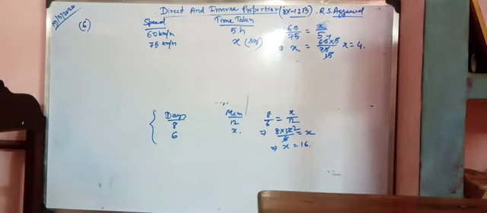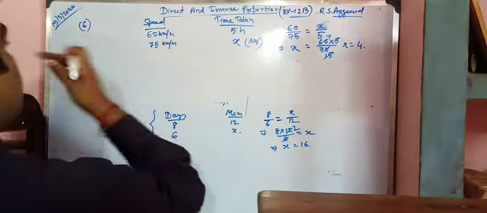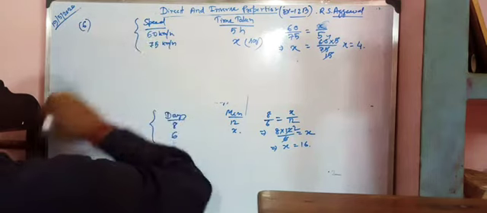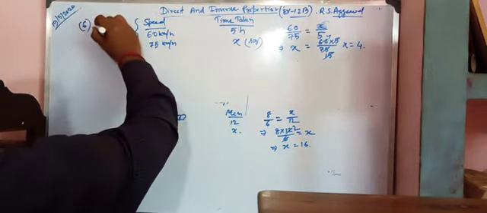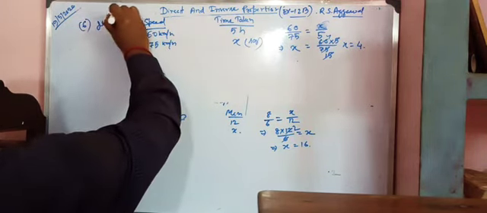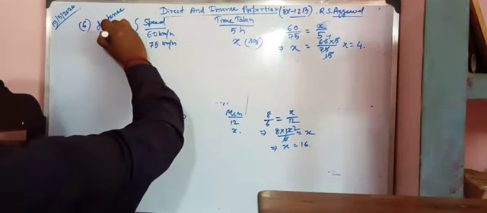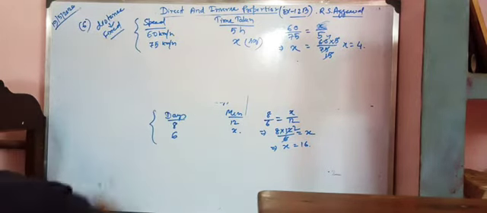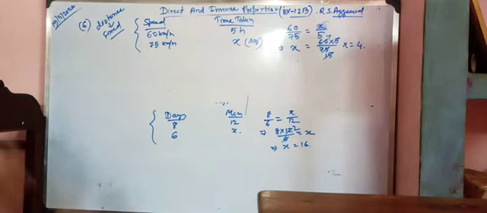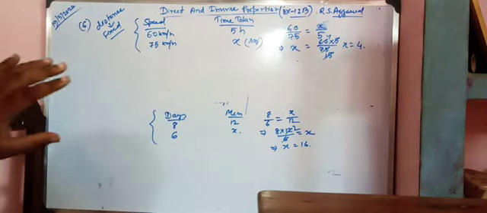Here also one quantity is fixed. That is distance. Distance fixed. Again, if the distance changes, then there will be three quantity variation.